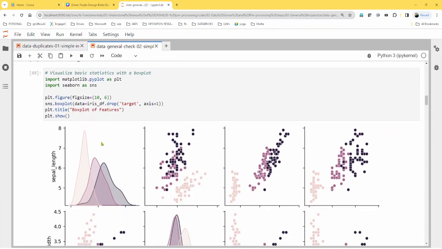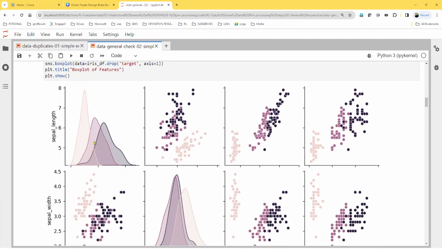Then some distribution analysis is important, as you see here, of sepal length for each of the classes. Let's analyze what's happening here for sepal length: the distribution of data for class 0, class 1, and class 2. What are we looking at?